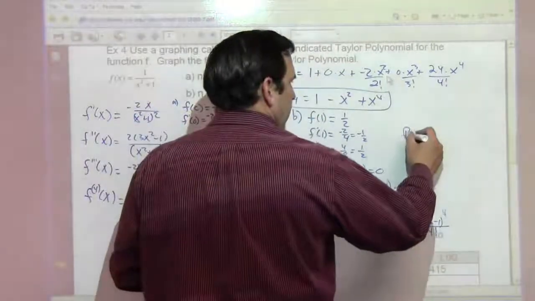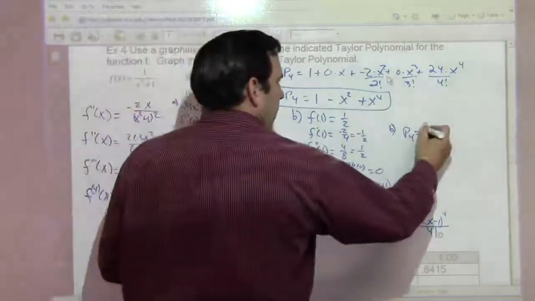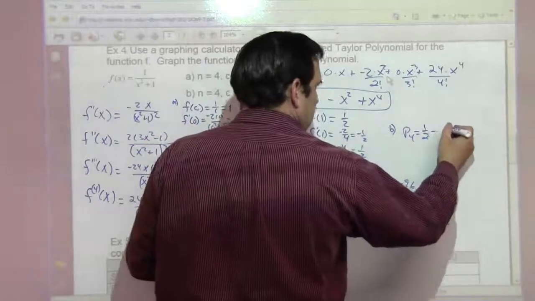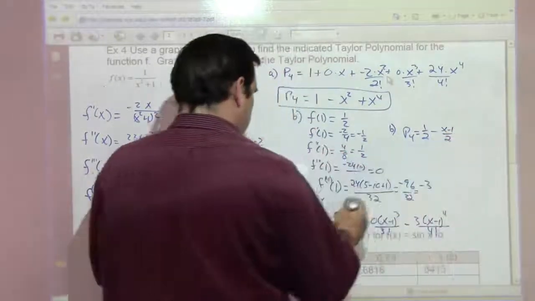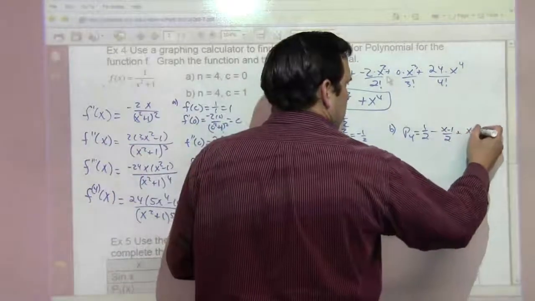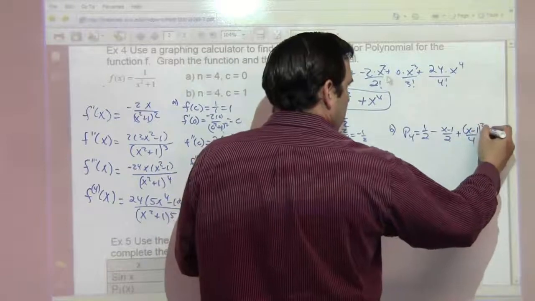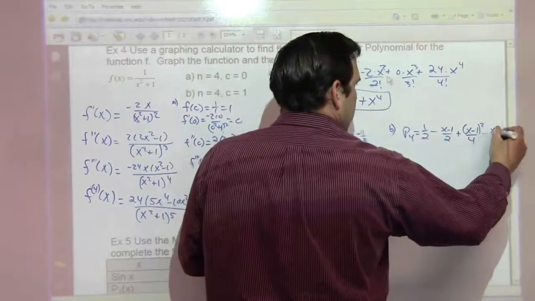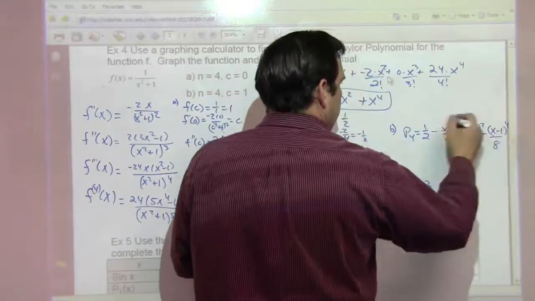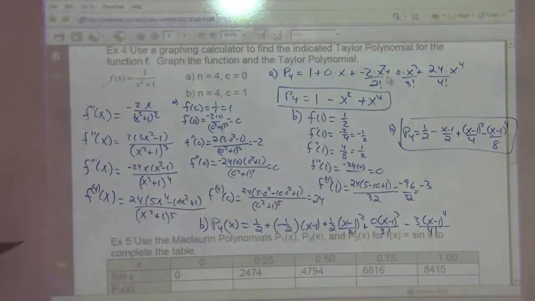So our P4 for part B is, to summarize it, 1/2 minus x minus 1 over 2 plus x minus 1 squared over 4, minus x minus 1 to the fourth power over 8. And that's it for example 4.